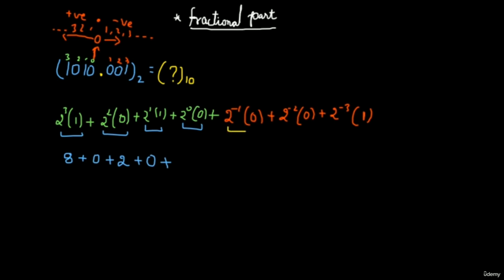Now this one is going to be 0 again because we are multiplying with 0. Anything with 0 is 0, and this will also be 0, but this one is not going to be 0. It's 1 multiplied by 2 to the power minus 3.